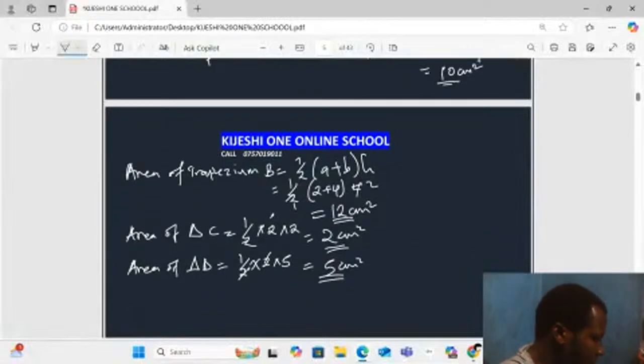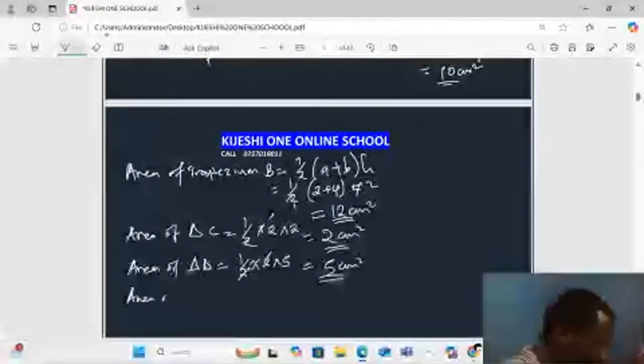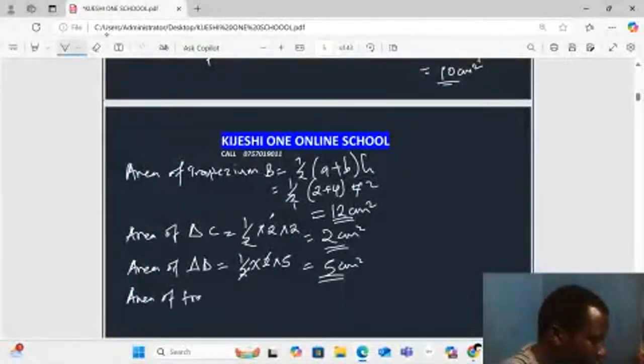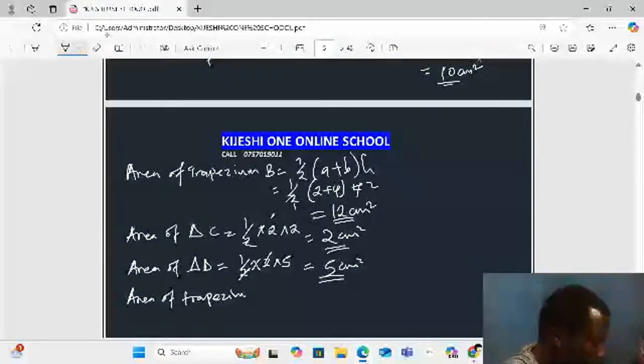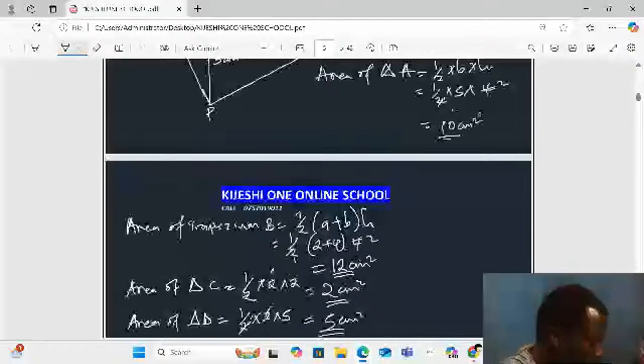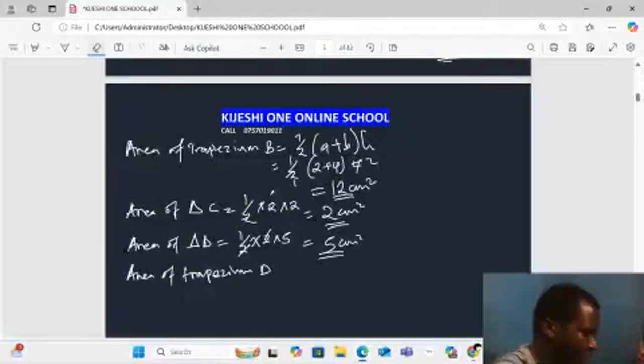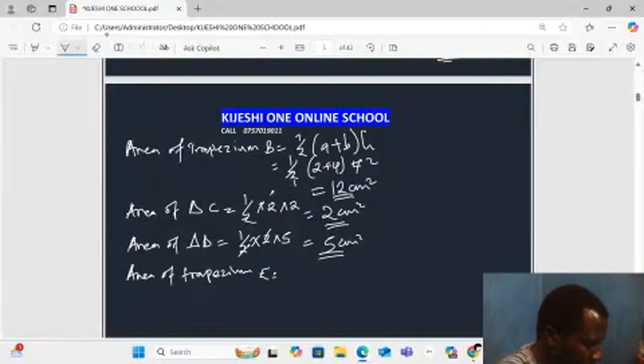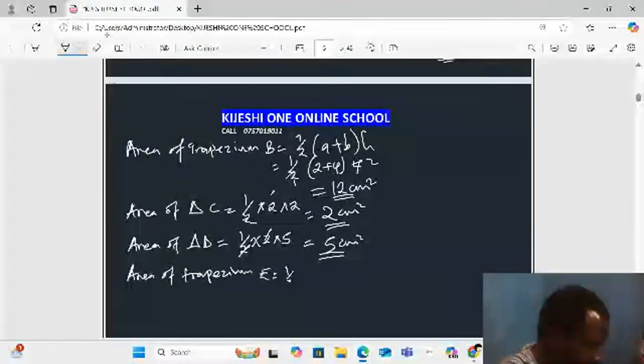Then lastly, area of trapezium E, the last one, which is a half times A plus B times height.